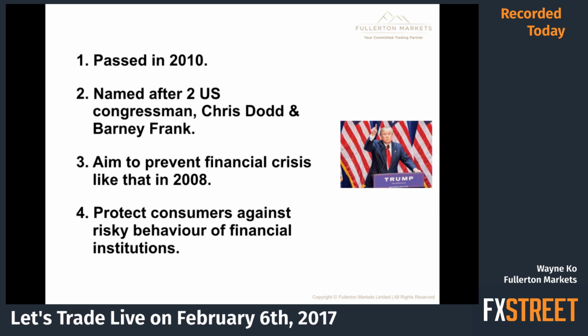Of course, if a lot of the so-called preventive measures are removed, then of course fear and panic will start to kick in. It's likely to kick in. It's like, wow, you remove all the safety measures, so what if the financial crisis kicks in or happens again? So if too much of the safety measures or safety net is removed, then of course the market will start to be fearful and risk averse.